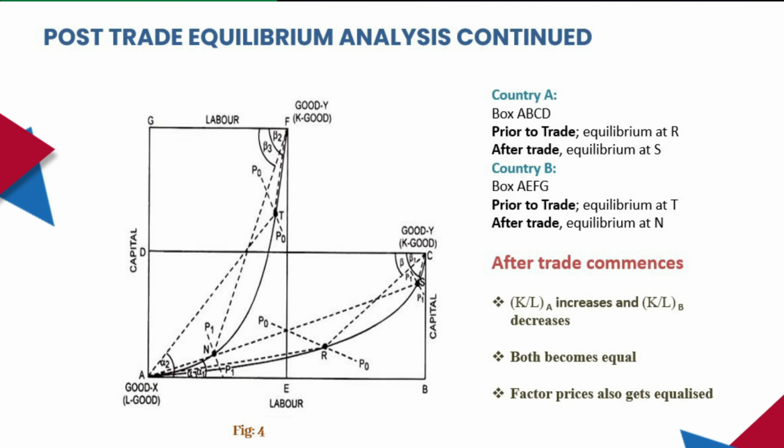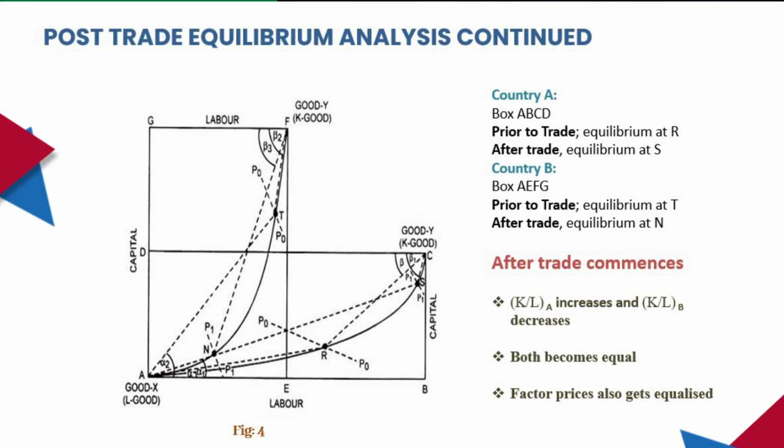But finally, if we see for both the countries, after trade commences, the slopes will be the same for both the commodities. Tangent of alpha 1 holds for commodity X in both the countries, and the tangent of beta 1 will hold for commodity Y for both the countries.